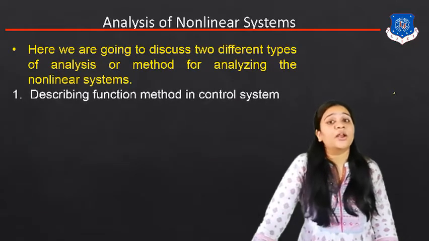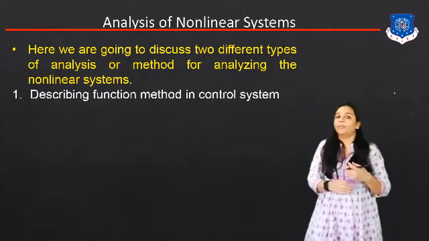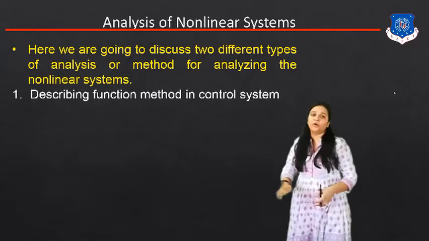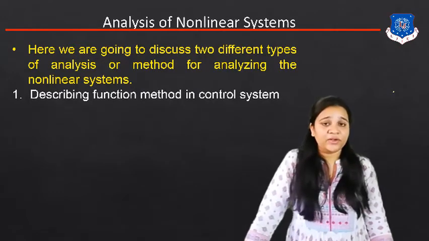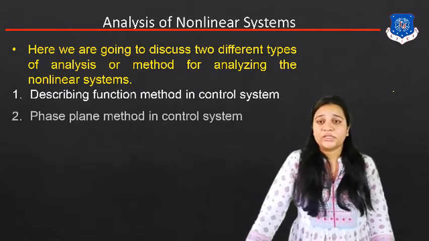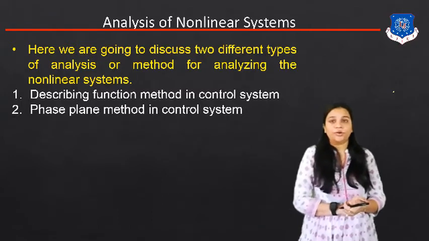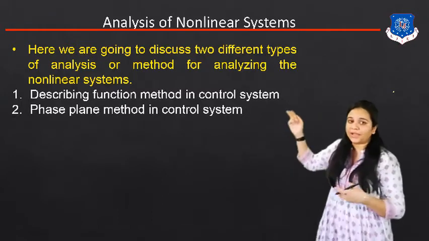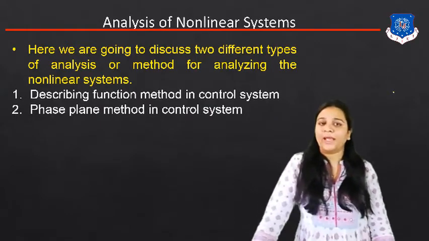Here we are going to discuss two different methods for analysis of nonlinear systems. The first one is the describing function method in the control system, and the second one is the phase plane method in the control system. Using these two methods, we can do different types of nonlinear system analysis.